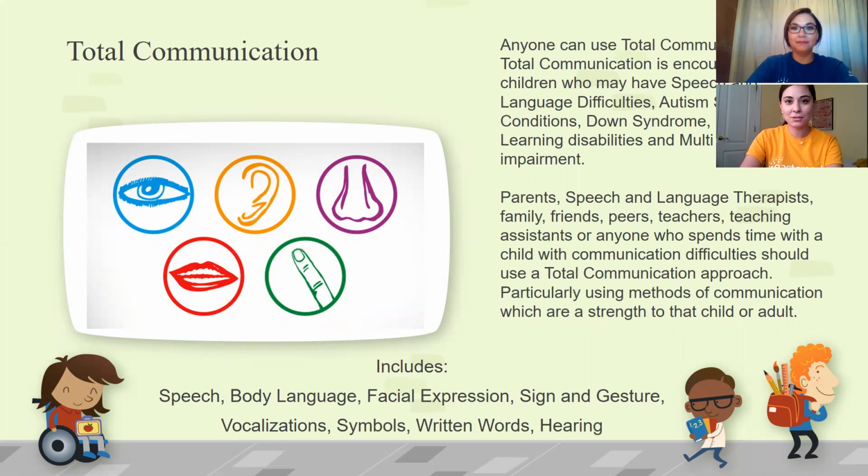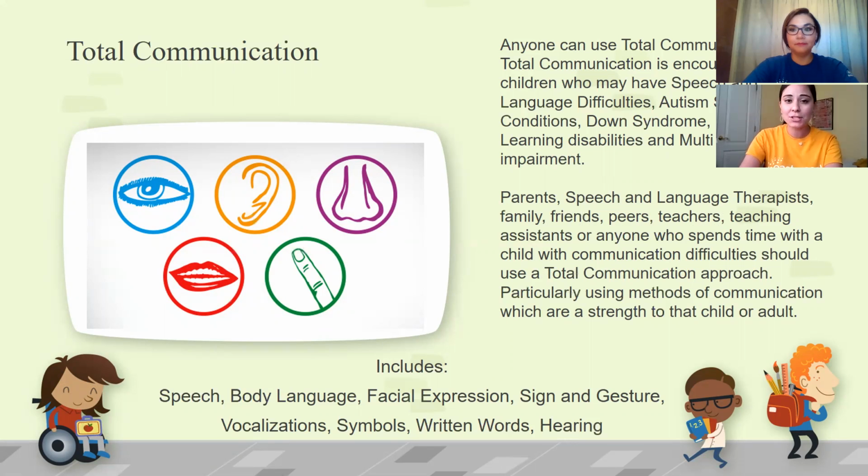Total communication. Anyone can use total communication. Total communication is encouraged with children who may have speech and language difficulties, autism spectrum conditions, Down syndrome, cerebral palsy, learning disabilities, and multisensory impairment.